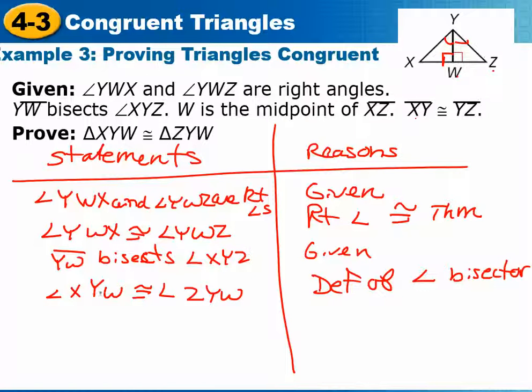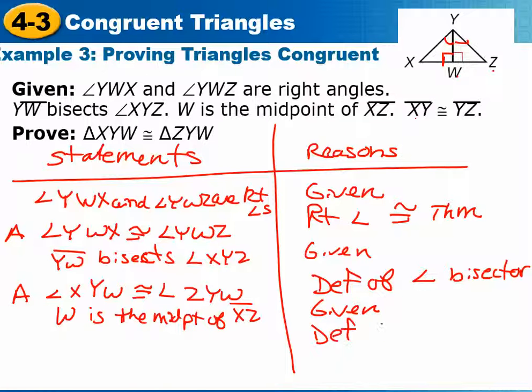Okay, got 2 angles congruent to each other. Angle, angle. Okay, other thing. Oh, here's another given. W is the midpoint of segment XZ, given. What does that mean? By the definition of midpoint, we know then that XW is congruent to WZ. So now we have a side.